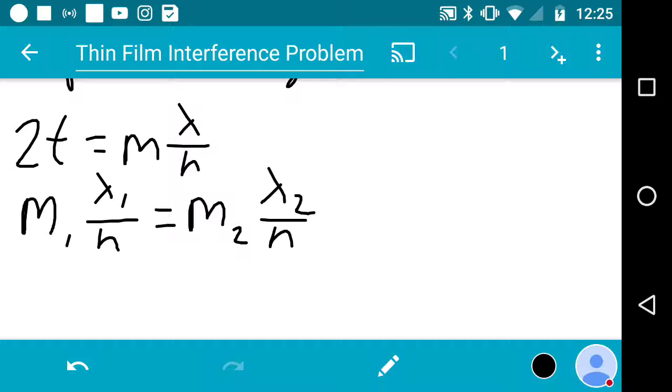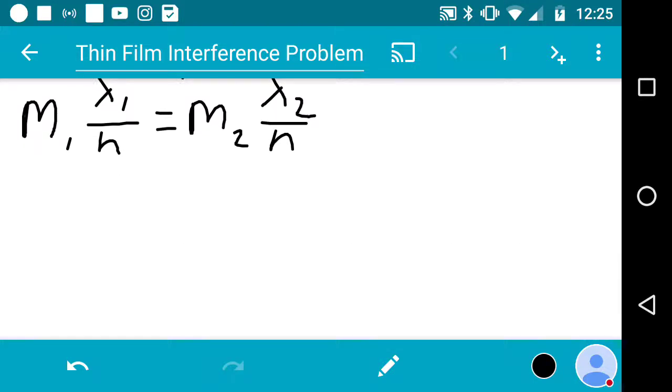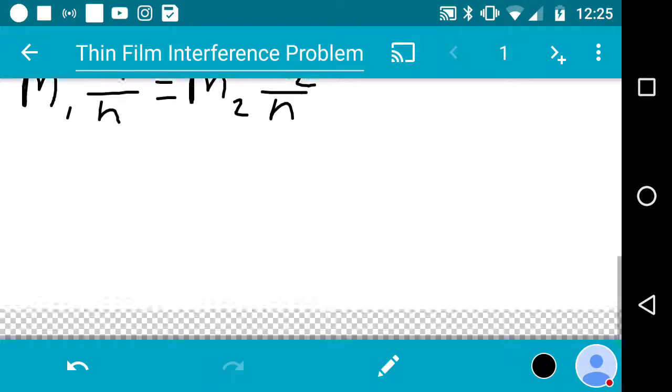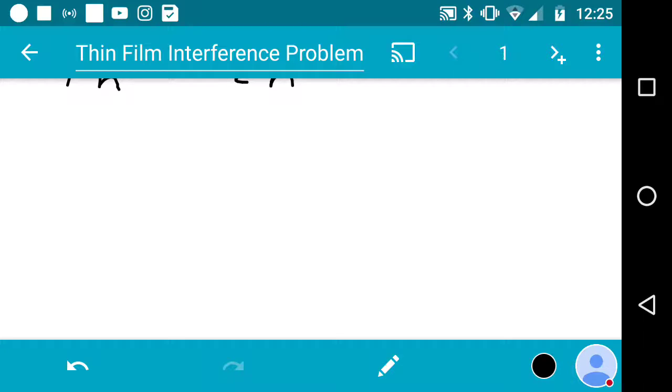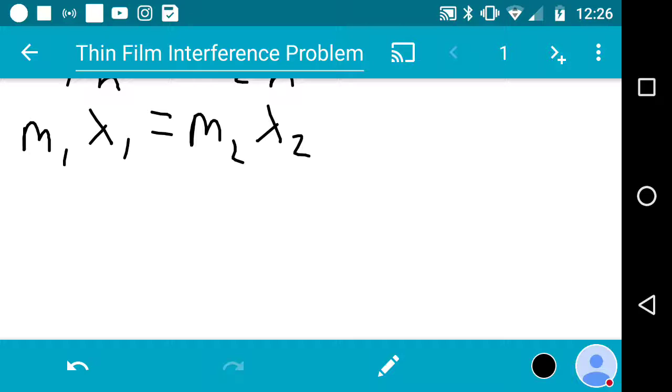So I'm going to say m1 lambda 1 for one of them, and I'm going to call the other one m2 lambda 2. We can see from this equation that the n's are going to cancel out. If we multiplied both sides by n, we'd get rid of the n's. So we will be left with m1 lambda 1 equals m2 lambda 2. We don't know what the m values are. That's what we're looking for here so that we can plug into our equation to find thickness.